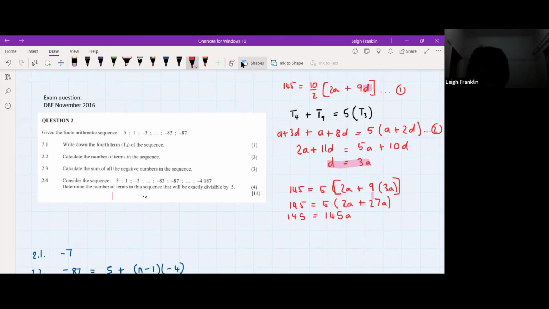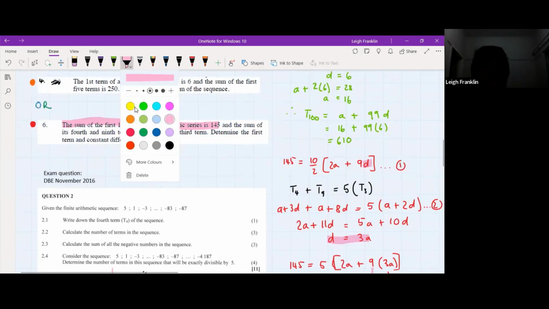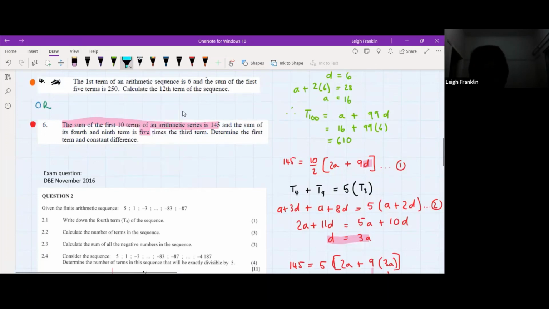Divide both sides by 145, because 145 is the coefficient of A, and that means that A has to be equal to 1. All right, so going back up here, they wanted the value of the first term. So the value of the first term is A. So we worked out what A is, 1, and now they want the constant difference.